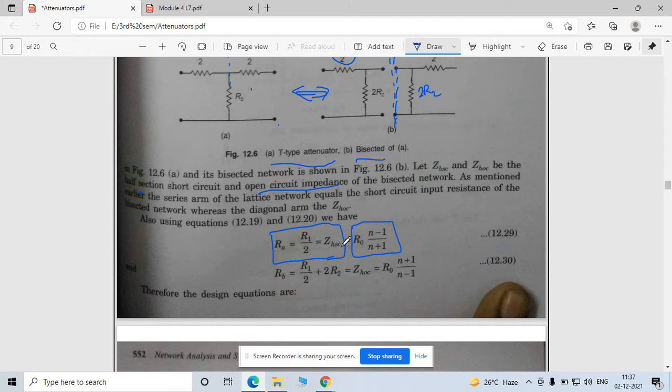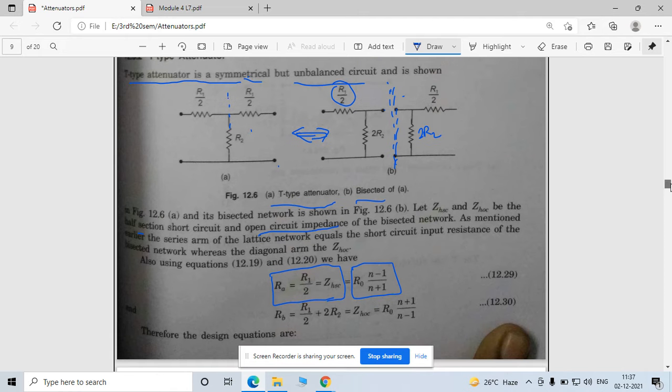RA by 2 is ZSC, which is equal to R naught (n minus 1) divided by (n plus 1). n is the ratio of input to output of your signal, right? R naught is the output of your network, or you can say the load resistance, which is equal to the source resistance. So here we are talking about resistance, so this is in terms of resistance only.